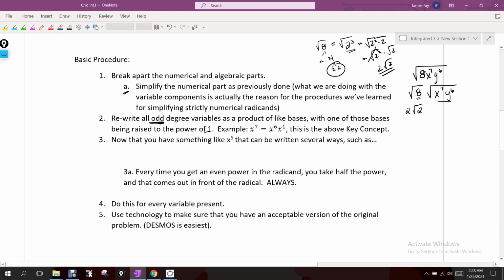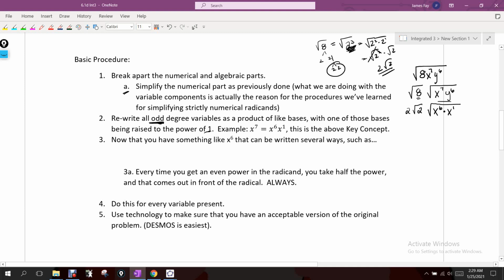I'm going to take x to the 7th and rewrite that as x to the 6th times x to the 1st. That's all I want to do there. And that's exactly what I did here with this 2 to the 3rd. I rewrote it as 2 squared times 2 to the 1st when I was dealing with the 8.